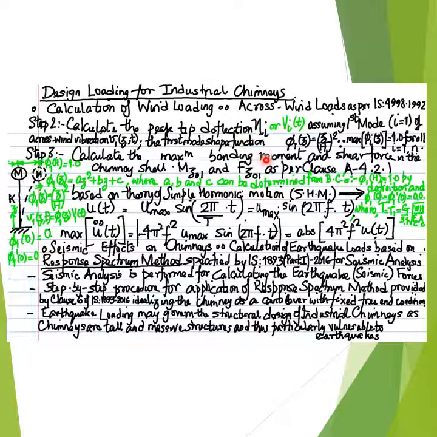is calculated based on the assumed mode shape described by the mathematical function φ1(z) for the first mode of free vibration response of the chimney shell, that is depicted visually in the figure presented on the current slide.